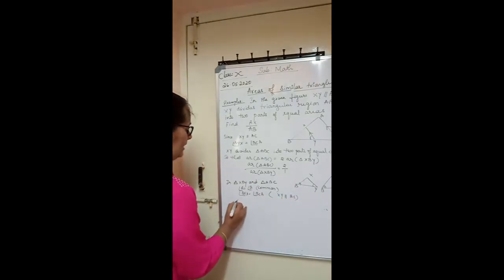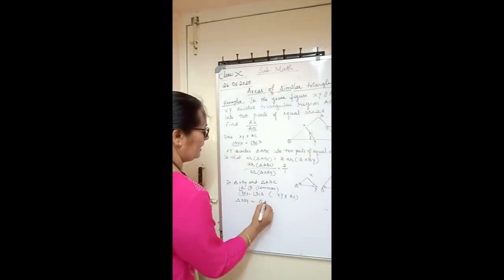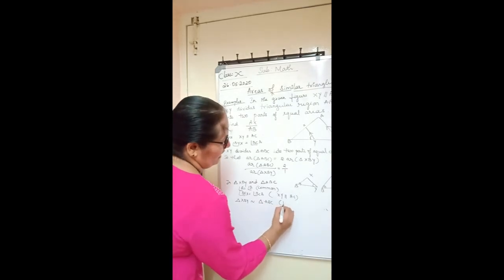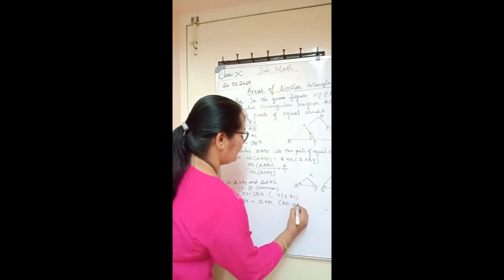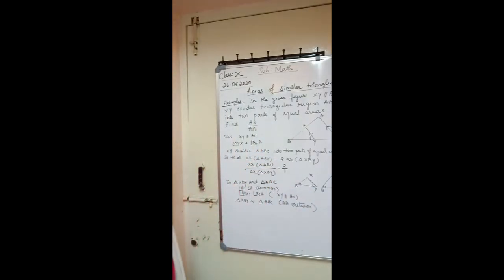So by AA criterion, XBY is similar to triangle ABC.